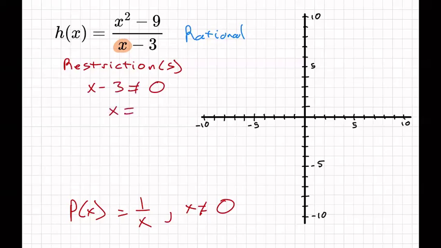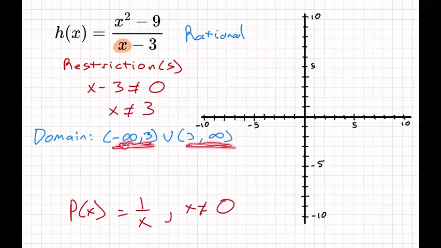Adding the 3 to both sides, we find that I cannot use 3. If we wrote this out, we could write that our domain for this is all real numbers, just don't use 3. We can use any number less than 3, and we can use any number greater than 3, just don't use 3 itself.